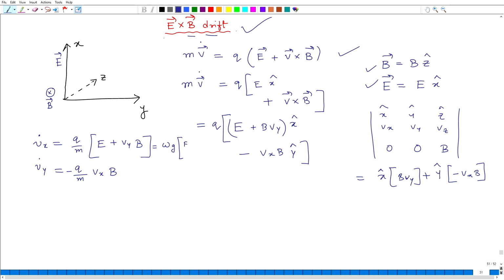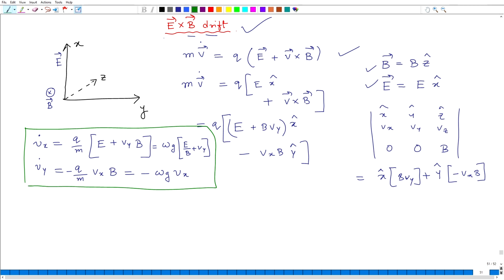So, it should be omega g times (E by B plus v y), and this should be again minus omega g v x. These two are very important for our case. These two are the governing equations.